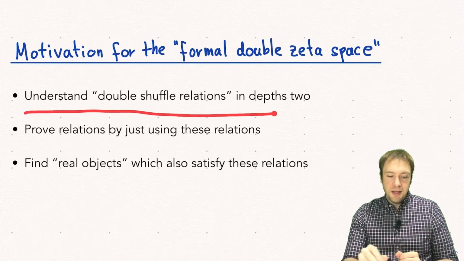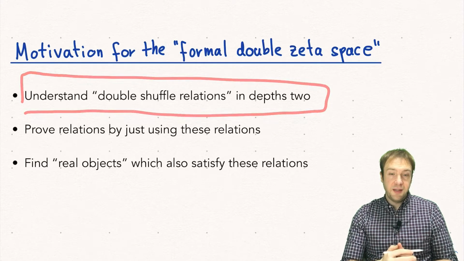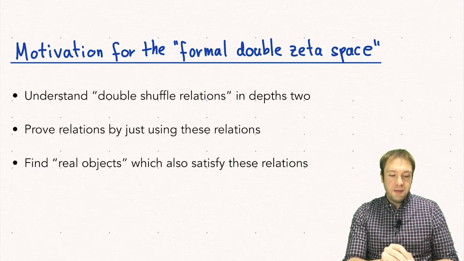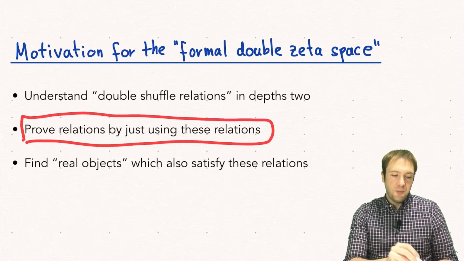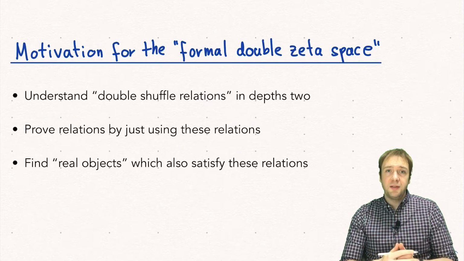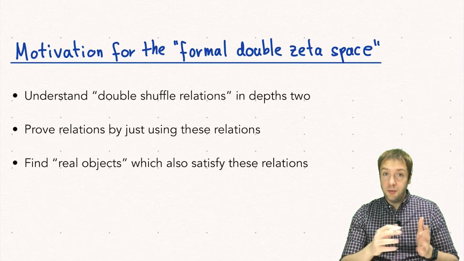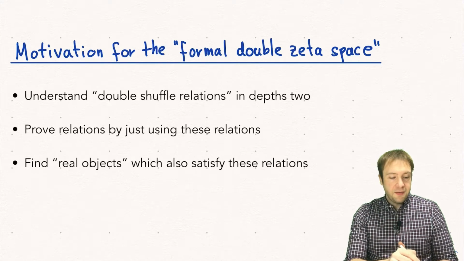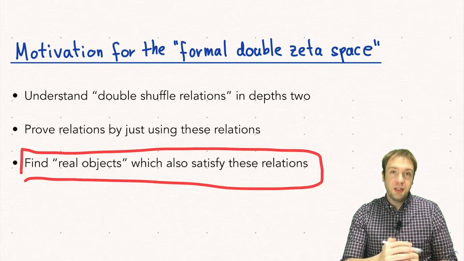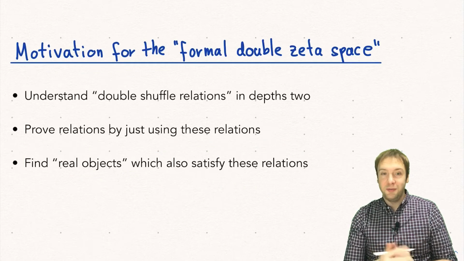So we want to understand these special cases of extended double shuffle relations. By just using these relations, we will be interested in what families of linear relations we can actually prove using this specific set of relations. And then we will be interested in real objects which satisfy these relations.